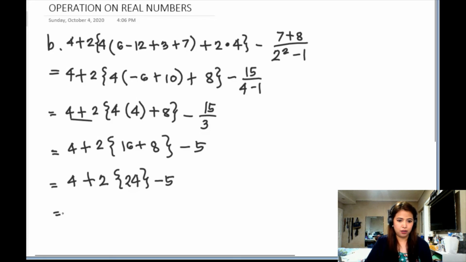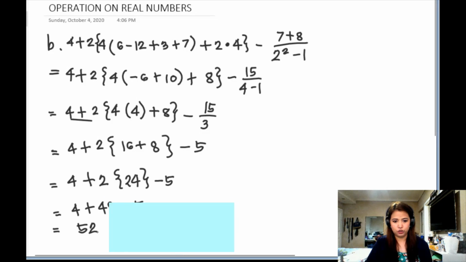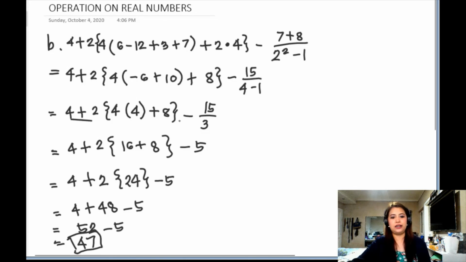So that becomes 4 plus 48 minus 5. So if we first perform the addition, that is 4 plus 48, which gives us 52 minus 5. So therefore, the final answer is 47. Okay, so 47. Do you have questions, class?